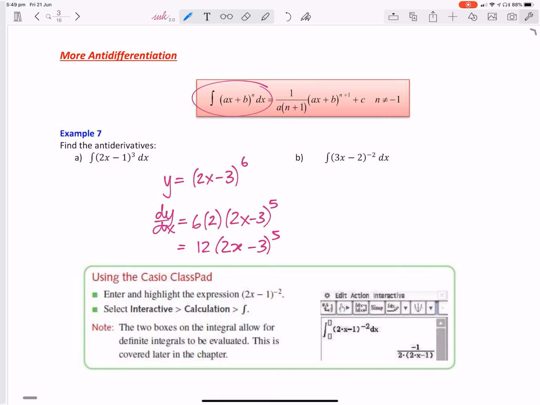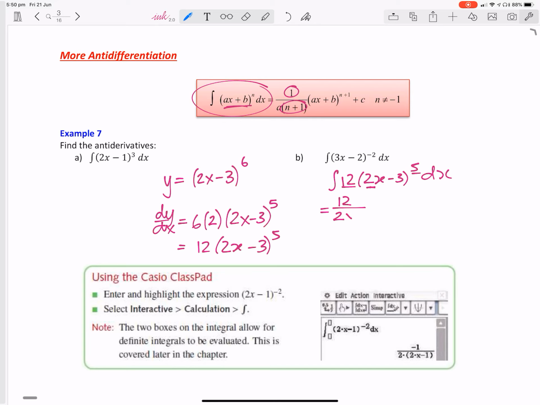Now we have a rule for when we have a bracket with a linear equation inside to a power, how to anti-diff it. So this rule says if I've got something like the integral of 12(2x - 3) to the power of 5 dx, if I have (ax + b), it's 1 on a, the coefficient of x, which is 2, times our new power, n plus 1.